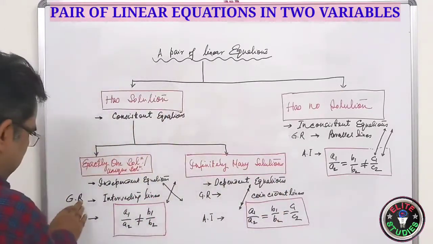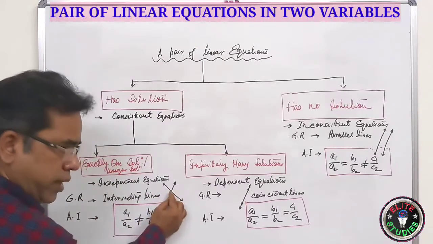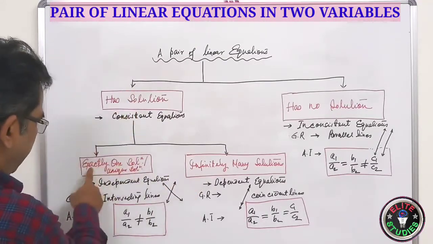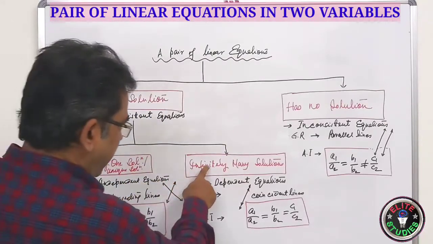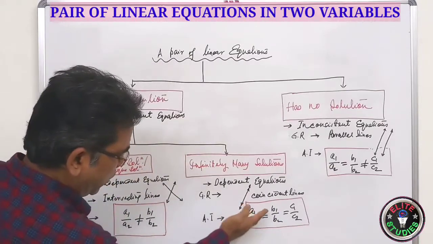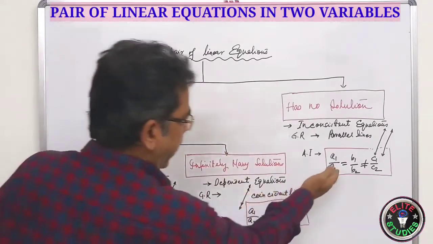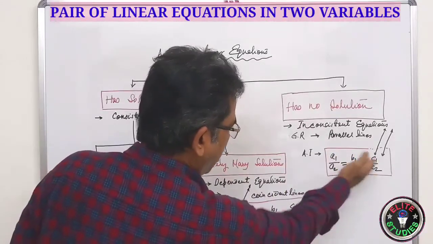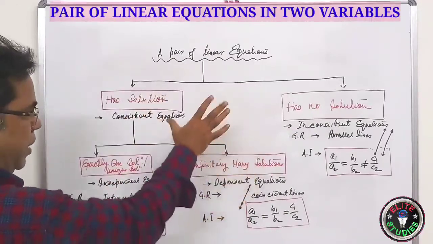So the geometrical representation, intersecting lines, exactly one solution, because this point of intersection will be the solution to this type of equations, independent equations. Here if a1 by a2 is equal to b1 by b2 is equal to c1 by c2, then we will have infinitely many solutions. And if a1 by a2 is equal to b1 by b2 not equal to c1 by c2, then it will have no solutions. Here it is extremely important.